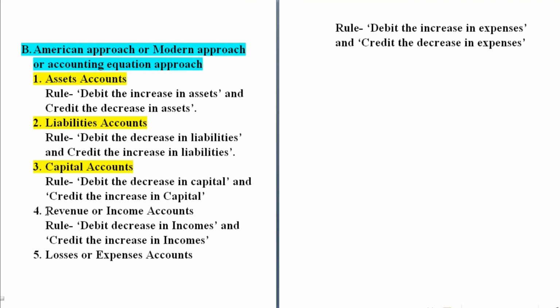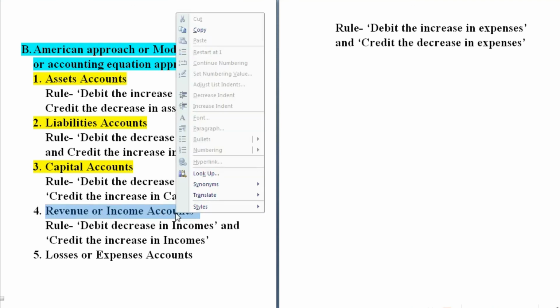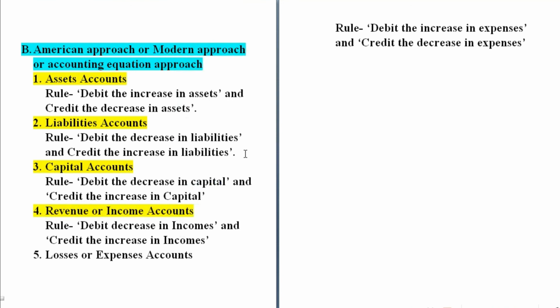Okay, next we have revenue or income. Whenever revenue or income increases, it is credited, and whenever your revenue decreases, it is debited. Like your commission, bonus, it will be credited.